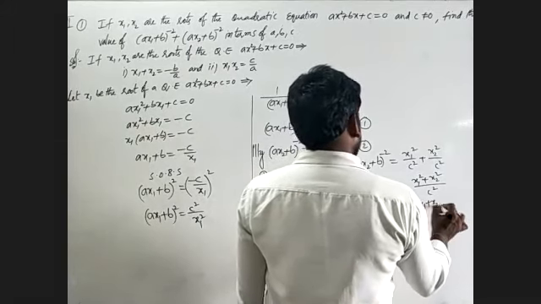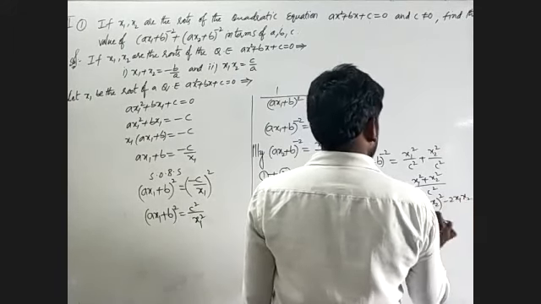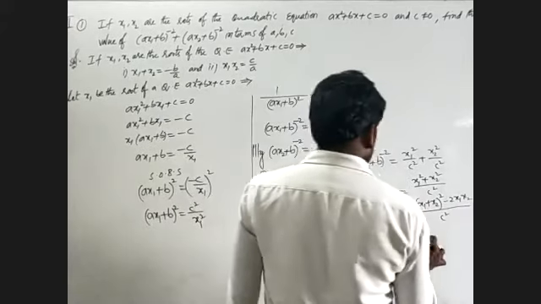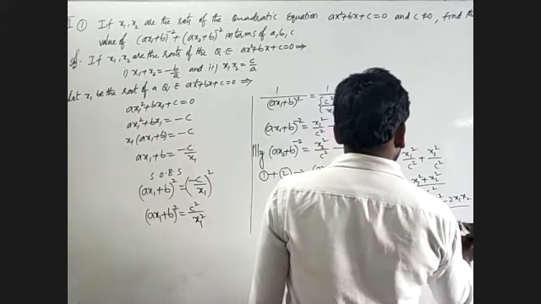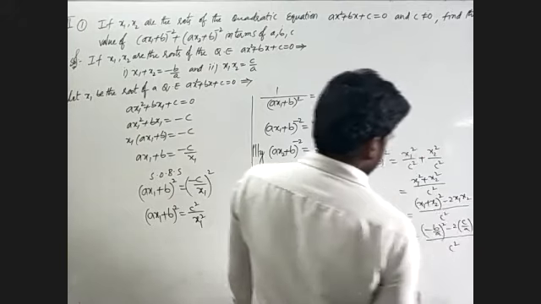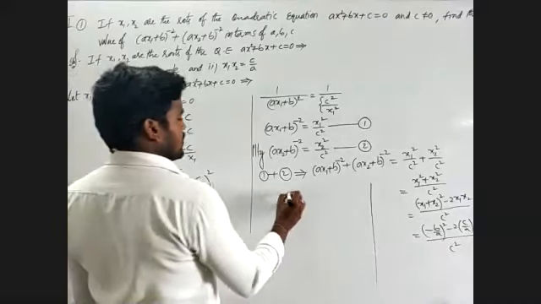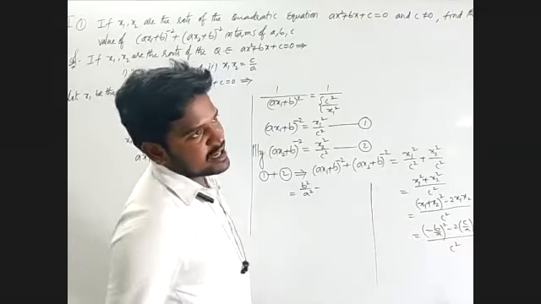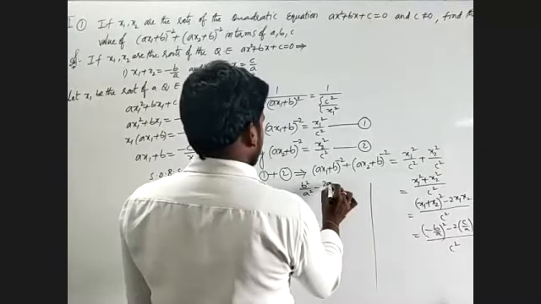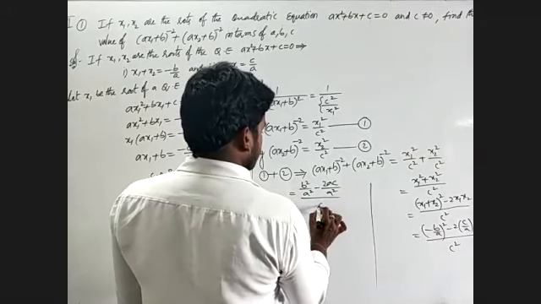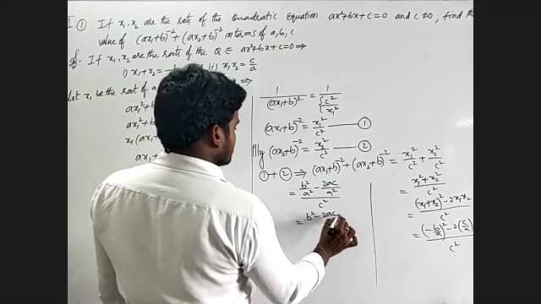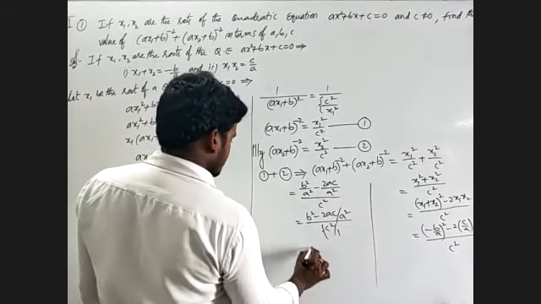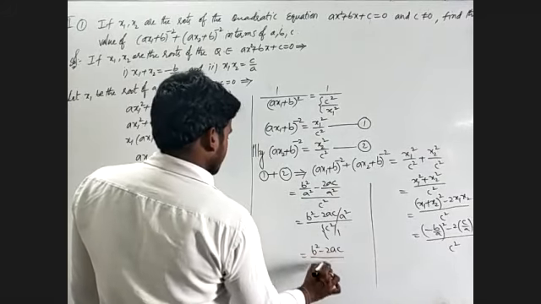Here also, we write ((x1 + x2)² - 2x1x2)/c². Since x1 + x2 = -b/a, this becomes ((-b/a)² - 2c/a)/c². Expanding, b²/a² - 2ac/a², so (b² - 2ac)/a², and the denominator is c². Taking the reciprocal form, this is (b² - 2ac)/(a²c²).